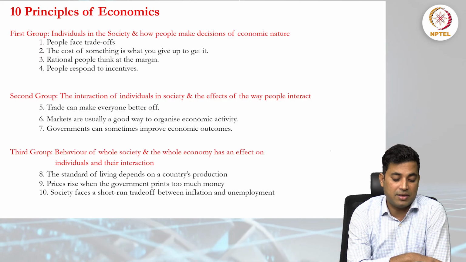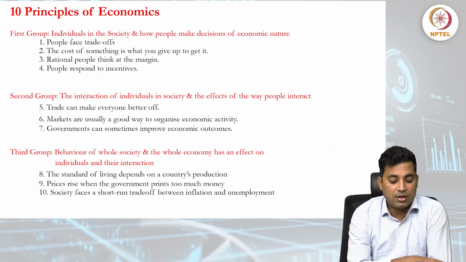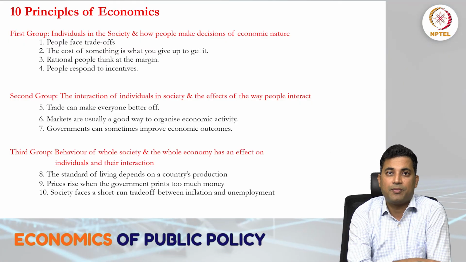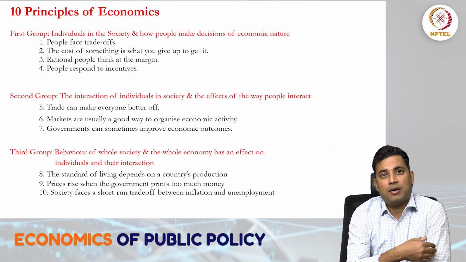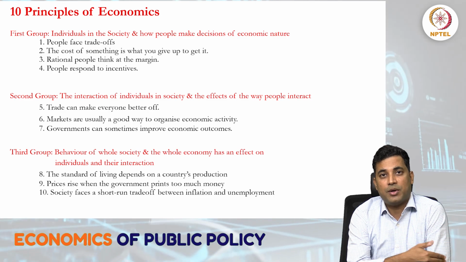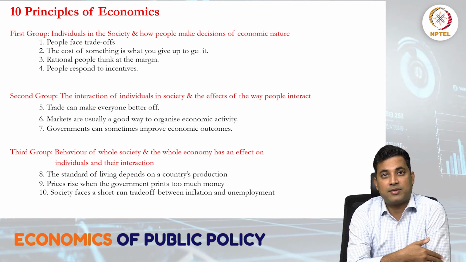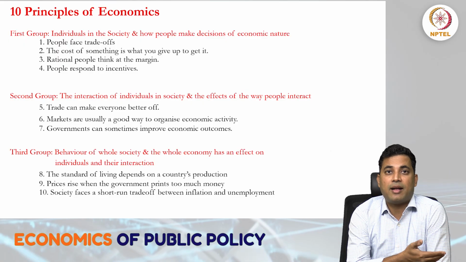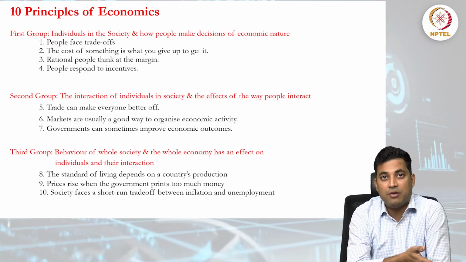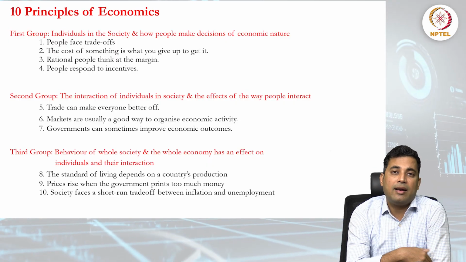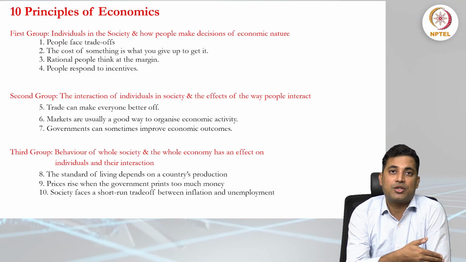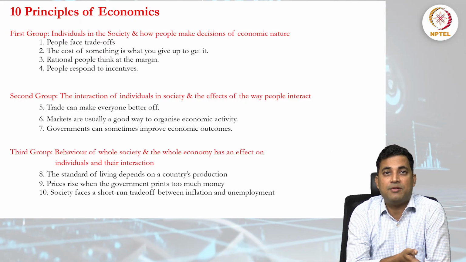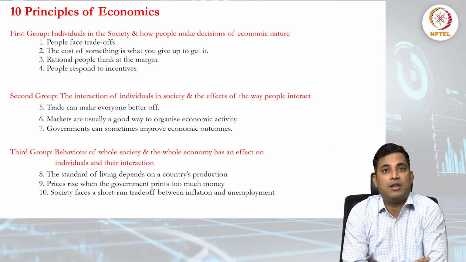Principle 8 talks about the standard of living depending on a country's production. If a country moves forward with prosperity, and the scale, volume and quantum of production is high, then of course it will have a positive spillover in the economy, and higher production will give higher output, and it is believed that higher output will give a better standard of living for the people.